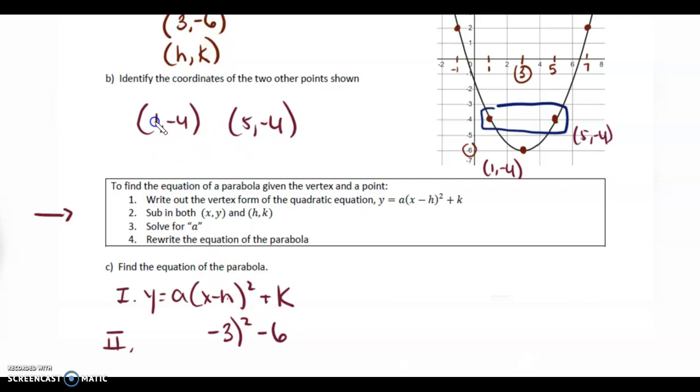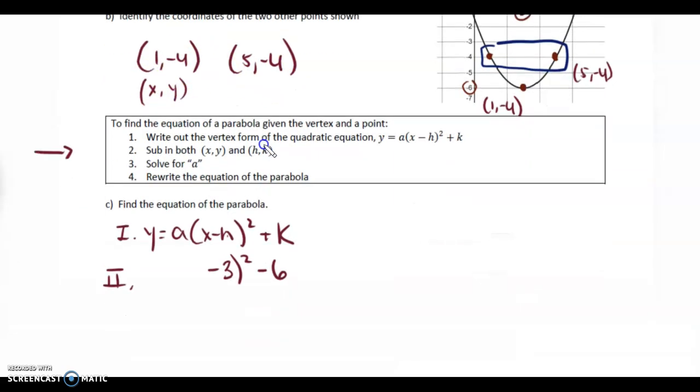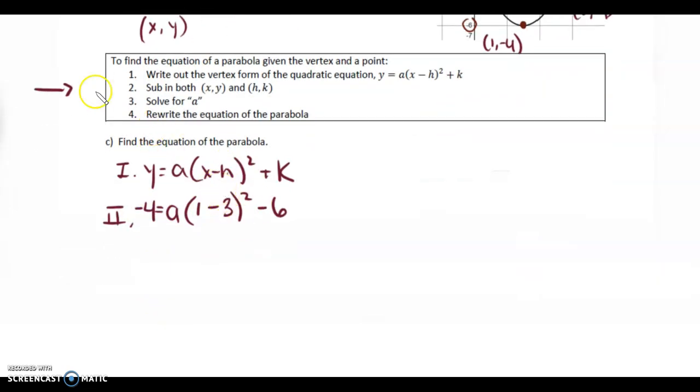So we have to choose. Do we want to use (1, -4) or (5, -4)? You only have to use one of these points. So let's use (1, -4) because it's a smaller number. Okay, so the 1 is the x and the -4 is the y. Okay, and now we've done steps 1 and 2.